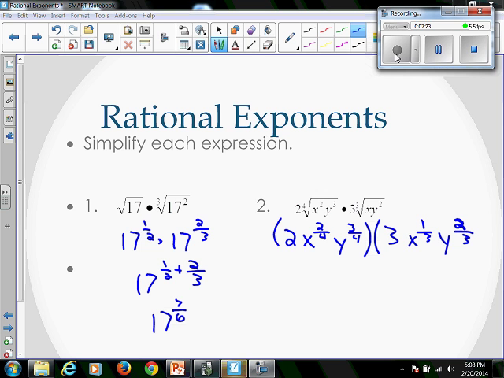Now, if we remember laws of exponents here, we take our coefficients and multiply them. We add our exponents. So we have x to the 5/6 power, and we have y to the 17/12 power. And we can't simplify it anymore. Again, we want to check using our calculator.